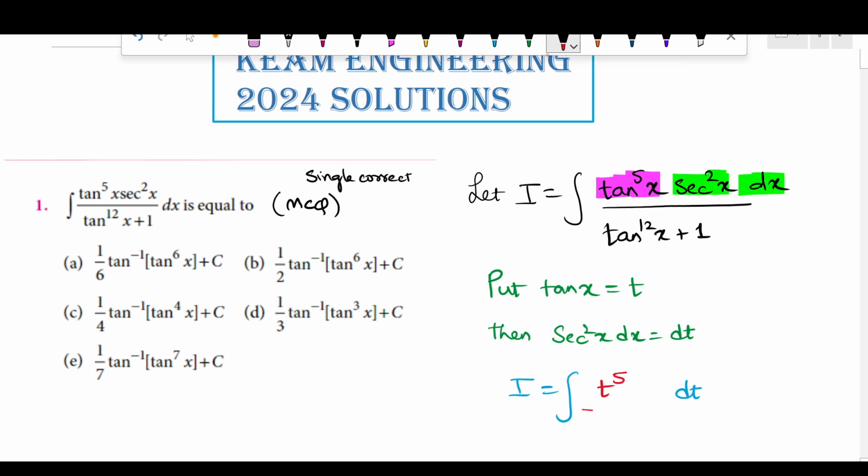And this tan to the power 12x plus 1 becomes t to the power 12 plus 1.